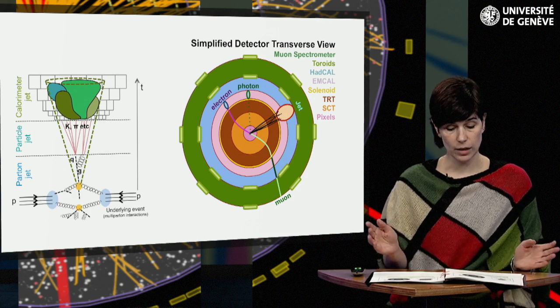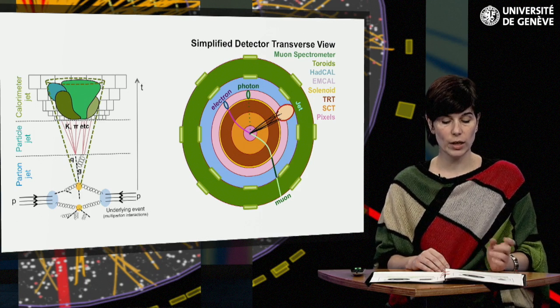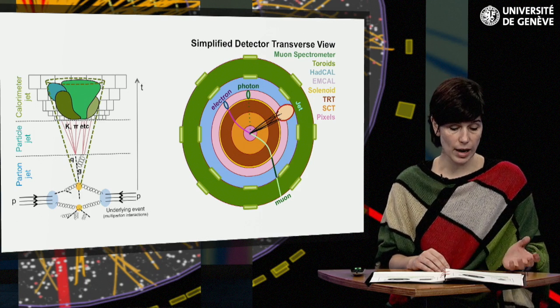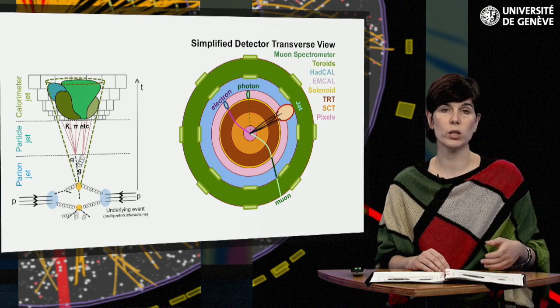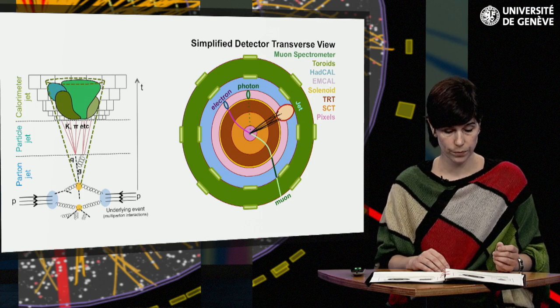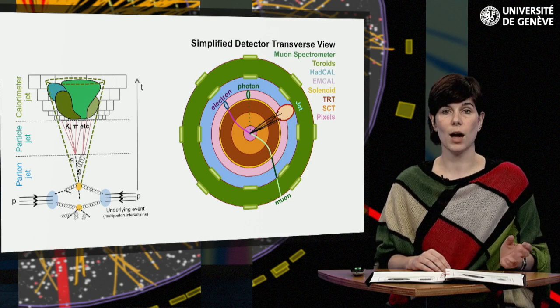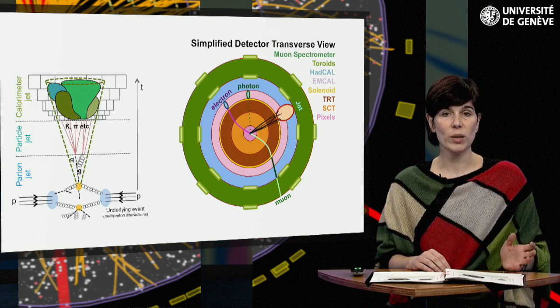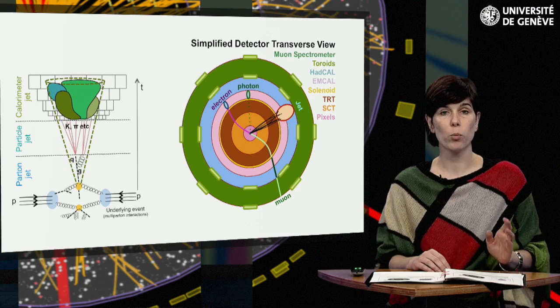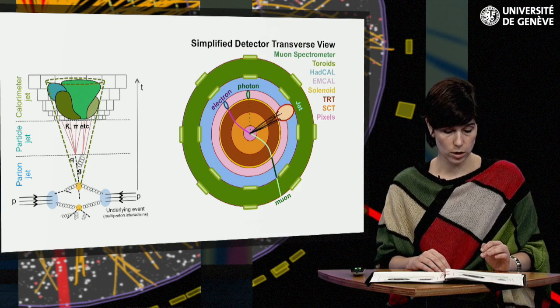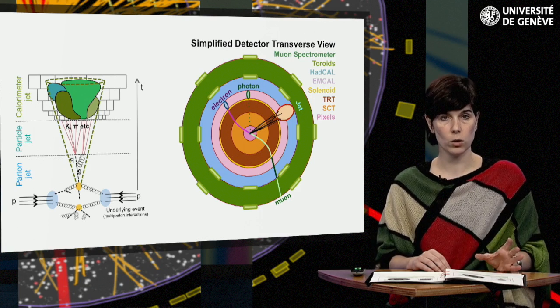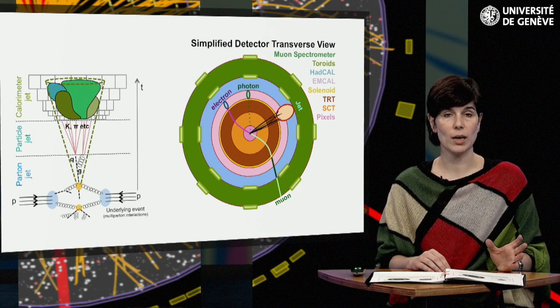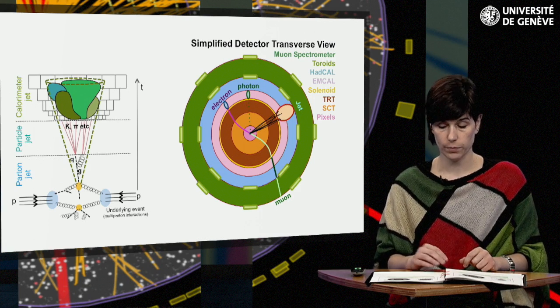Algorithms scan the calorimeter data in order to identify the most significant energy depositions corresponding to quarks or gluons. The resulting objects are the jets. It's worth pointing out that the dominant process resulting from a proton-proton interaction is the production of quarks and gluons. Therefore, jets dominate the detected final states.